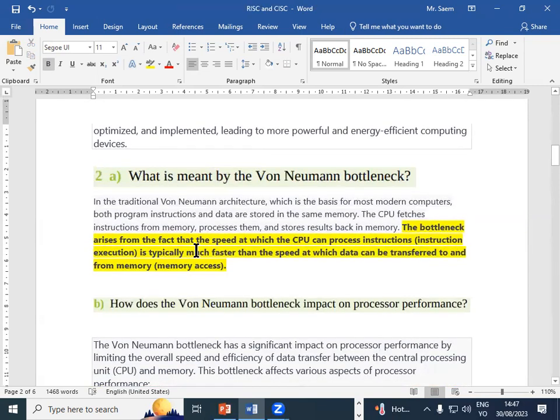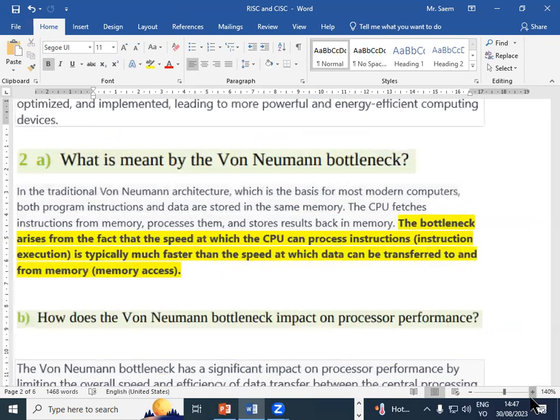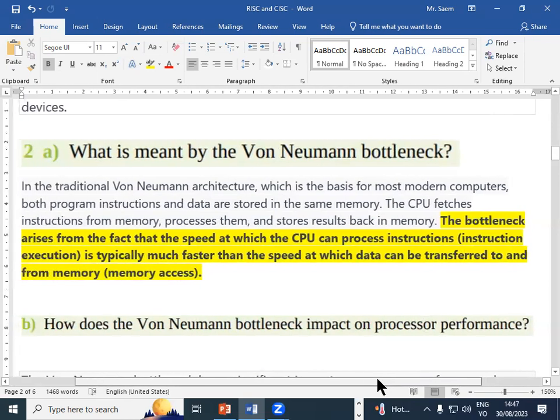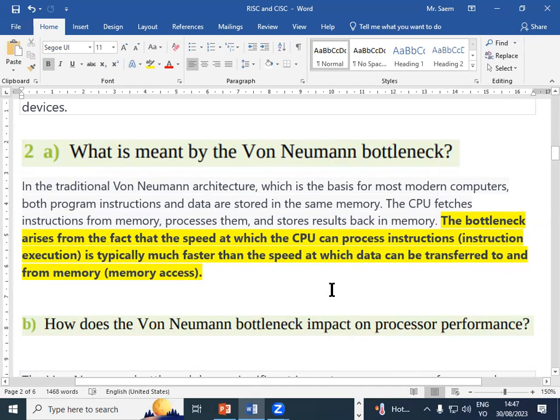The bottleneck arises from the fact that the speed at which the CPU can process instructions is typically much faster than the speed at which data can be transferred to and from the memory.